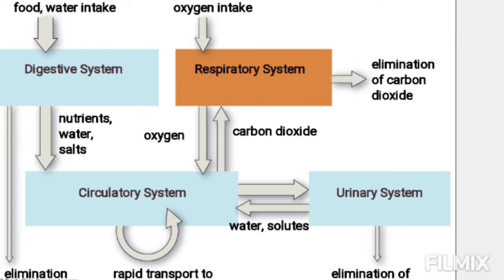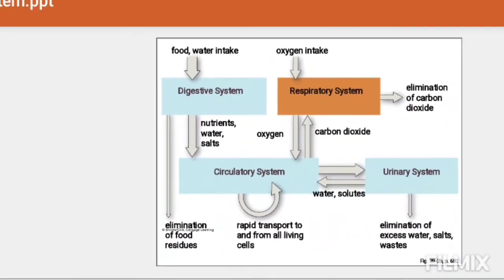This circulates through the blood, and then there is an equivalent arrow to the respiratory system, and here the urinary system. In the respiratory system, what happens is the oxygen is taken in, and this oxygen is then carried through the blood to all organs.